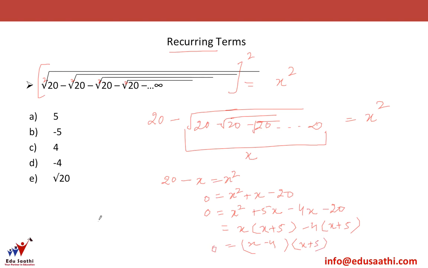So x is either equal to 4 or x is equal to minus 5, but x cannot be negative because this entire term is positive and square root of a negative number is not defined. So my answer is x is equal to 4, which is the C part here.